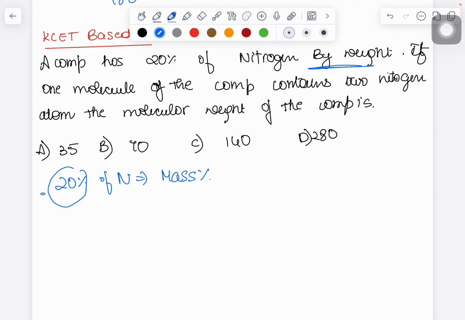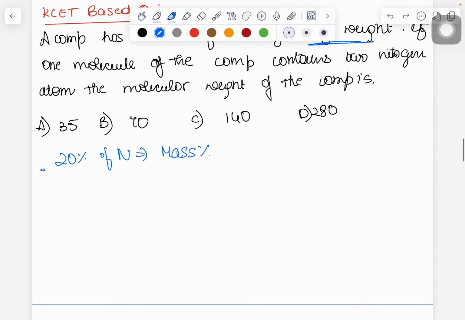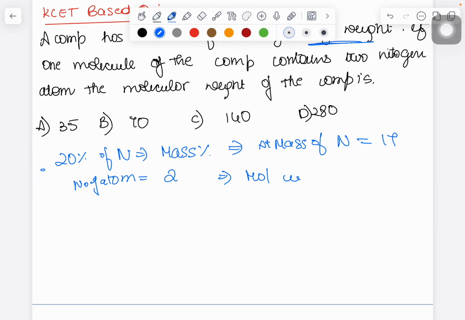Is that clear? They're saying one molecule of the compound contains 2 atoms of nitrogen, so the number of atoms is 2. The atomic mass of nitrogen is 14, not 17. They're asking us to find the molecular weight.